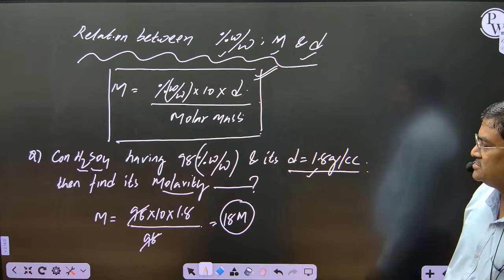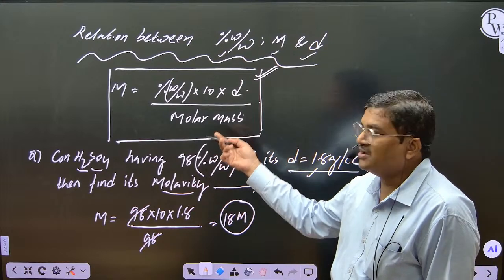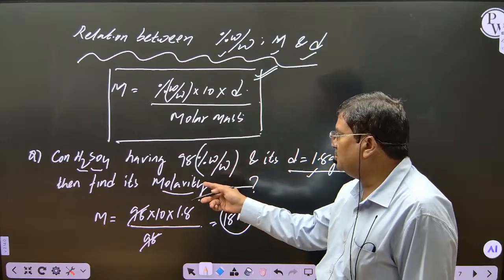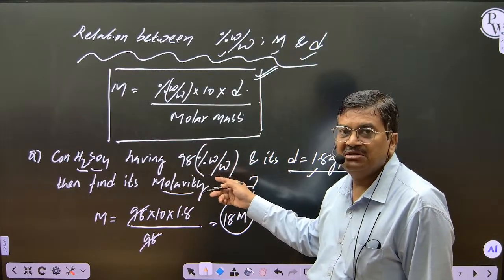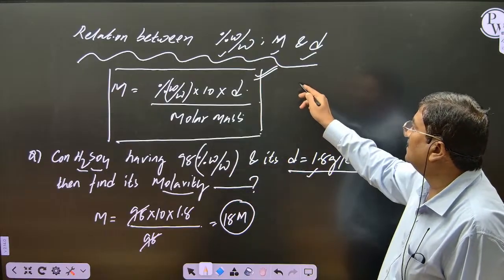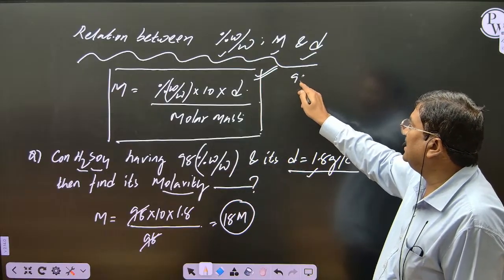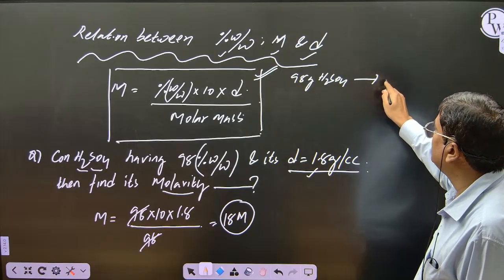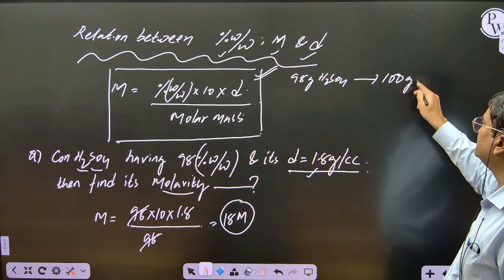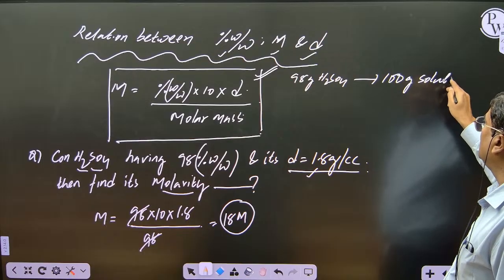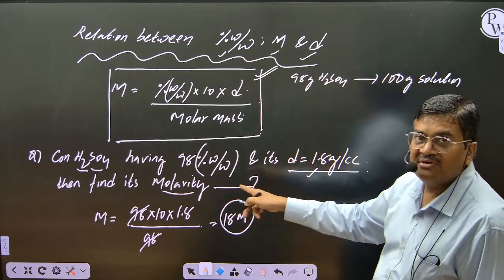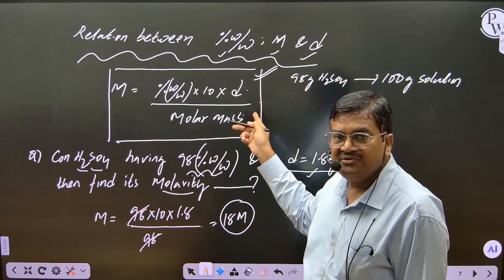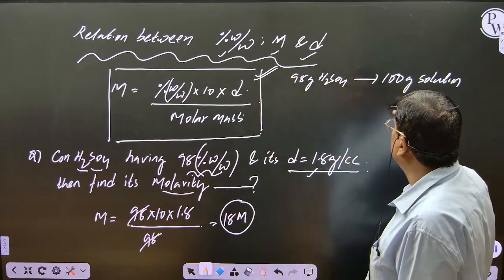Now think over, students, suppose we don't know about this formula. Forget about the formula, then without the formula how do you approach? What does 98% W by W mean? I write here, 98 grams sulfuric acid has been present in how many grams of solution? 100 grams of solution, no? Do you agree? So are you getting my point? 98% W by W means 98 grams sulfuric acid is present in 100 grams of solution.